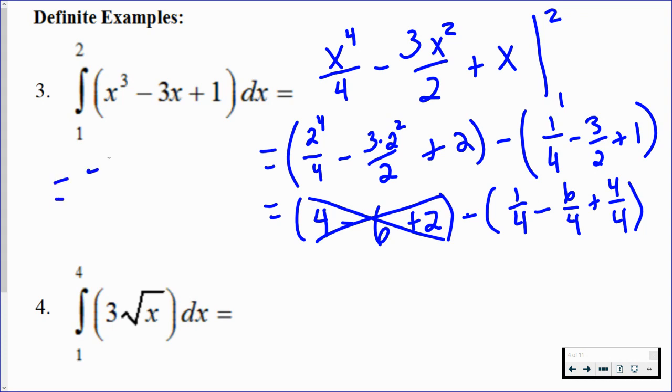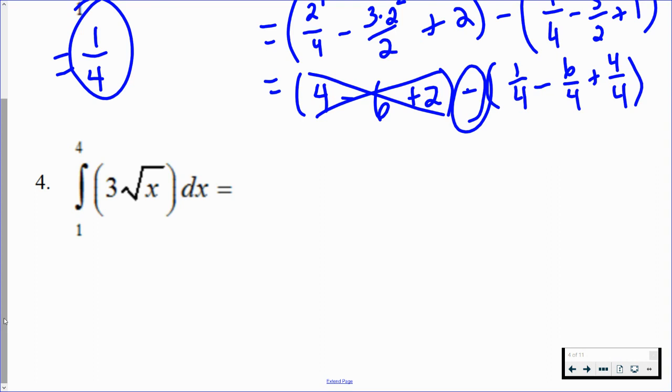So we end up with -1/4. Sorry for that interruption. We had a negative out front. Negative -1/4 becomes positive 1/4.